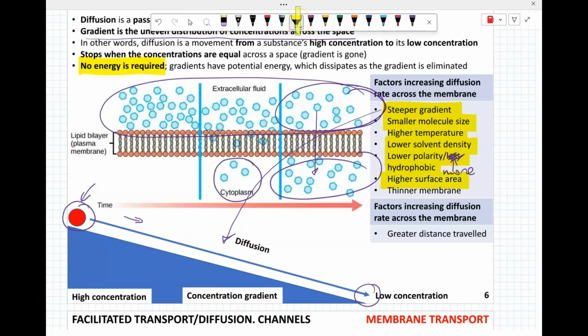Membranes with higher surface area will demonstrate greater rate of diffusion, and membranes that are thinner will also show a greater rate of diffusion. Now, a factor that decreases the diffusion rate across the membrane is the greater distance that has to be traveled by the molecules when they cross the membrane.